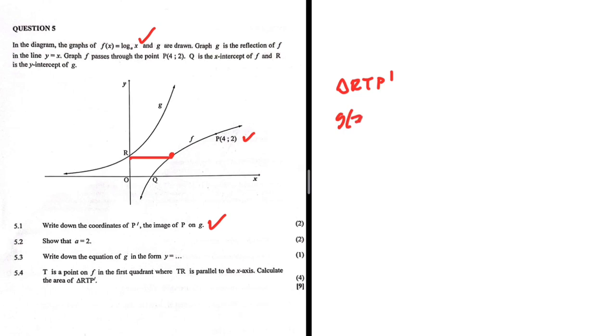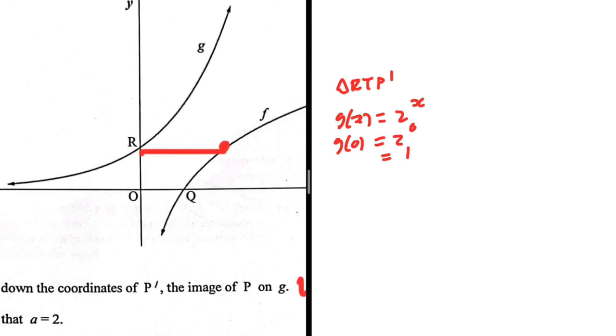So g of x is equal to 2 to the power x. R is the y-intercept of g, so we let x be equal to 0. 2 to the power 0 is 1. So the y-coordinate of R is 1 and the x-coordinate is 0.